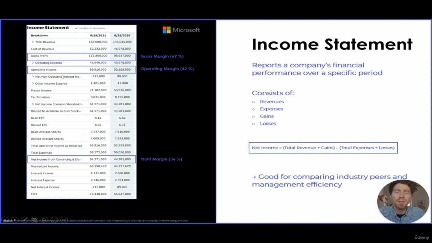So they have a very healthy business performance, and this is a great way to compare different industry peers if you want to see how similar companies in the same industry are performing, and if the management is competent in actually delivering to the shareholders' expectations.